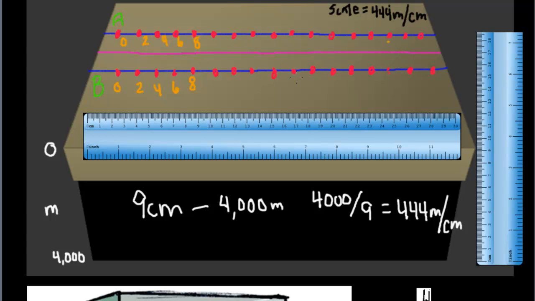Don't take up the whole surface, but make it real obvious. You can actually draw boats from the top if you wanted to. You can draw sea creatures swimming on it, because again, this is the surface. You can do whatever you want, but make sure this scale is relatively easy to see, because you're going to be giving this to another group next class, and they're going to try to figure out what's actually in your box.